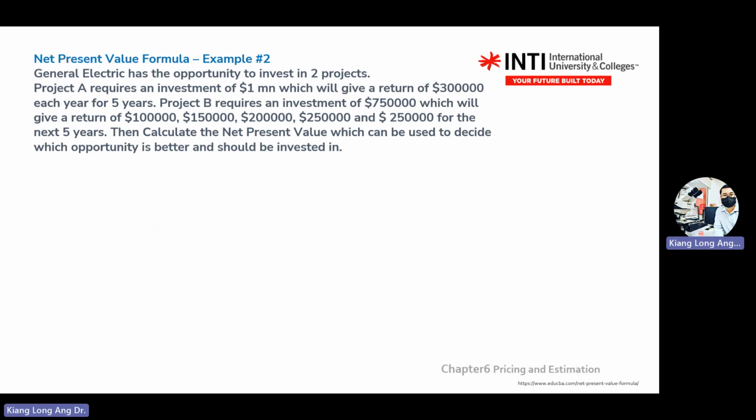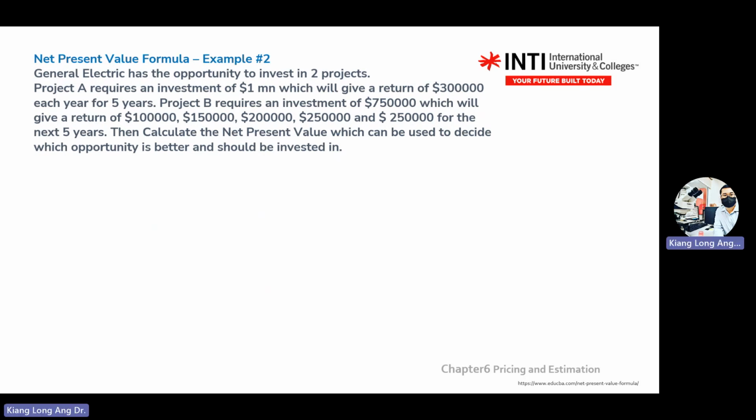Project B requires an investment of 750,000, which will give income for the next 5 years of 100,000, 150,000, 200,000, 250,000, 250,000. Then calculate the net present value, which can be used to decide which opportunity is better and should be invested.